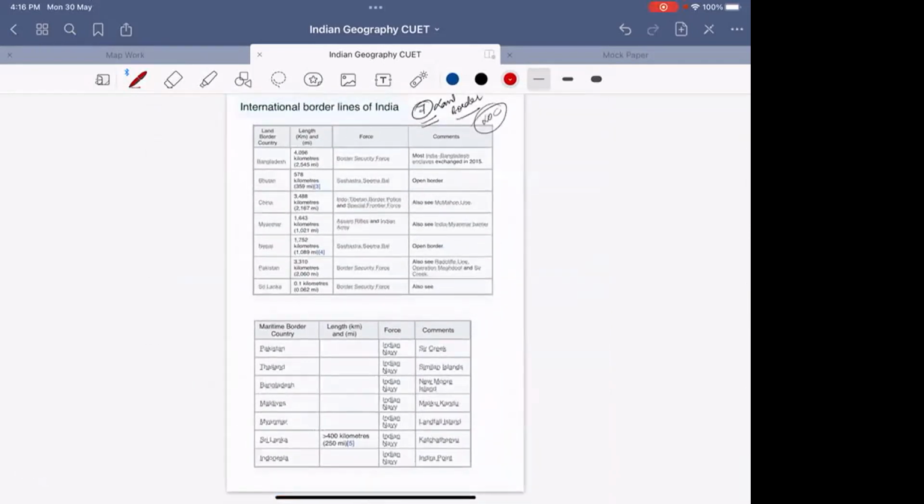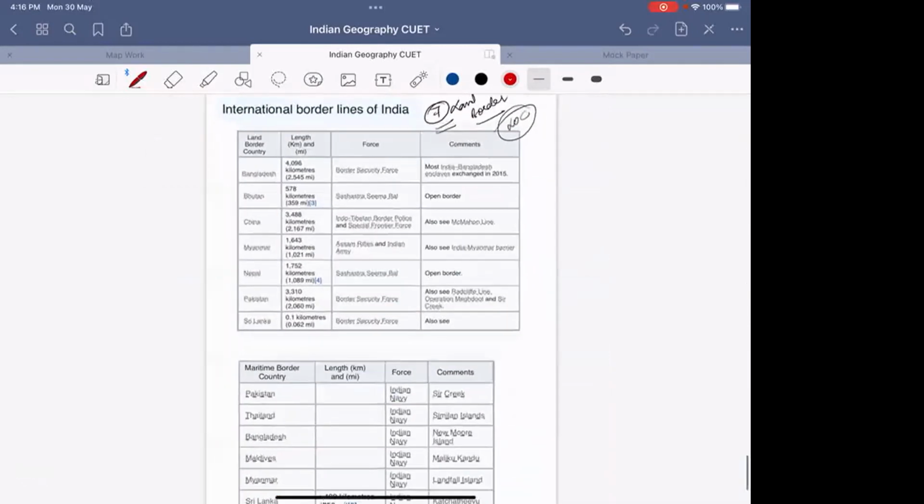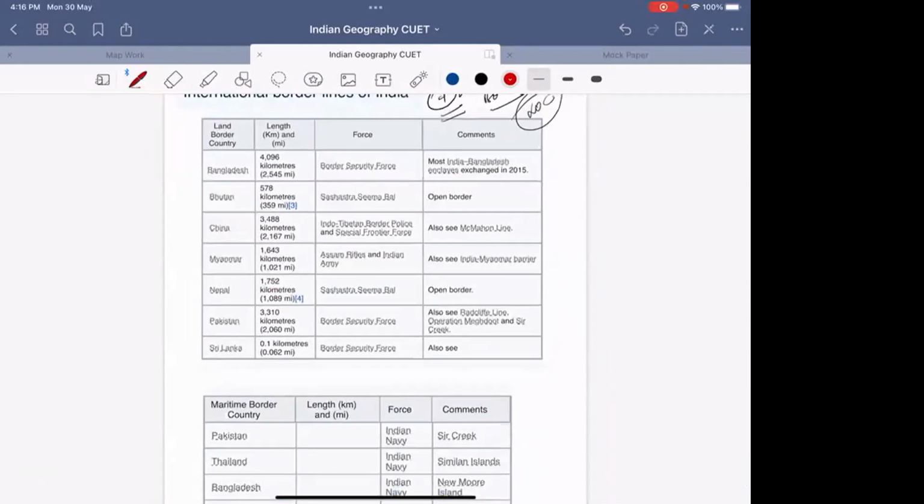Talking about the border with Bangladesh, to be precise, it covers 4,096 kilometers. In this you also have to learn which shares the largest border and which shares the smallest border.